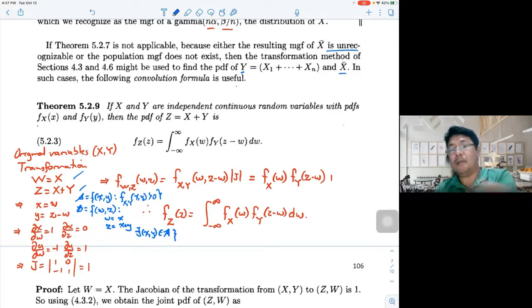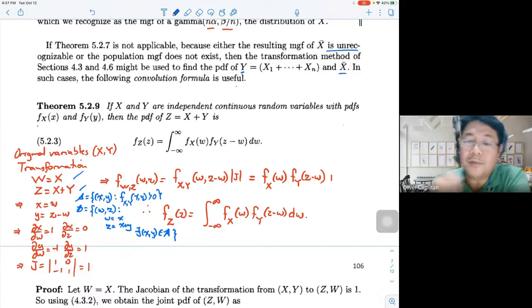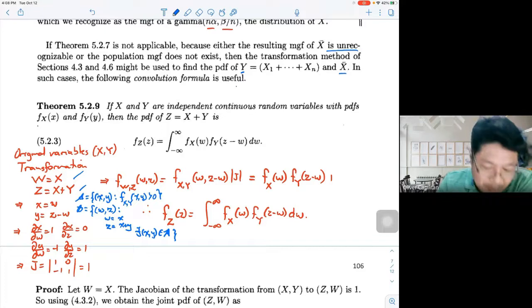Okay. I-check muna natin kung nag-exist ba, meron bang one-to-one transformation from script A to script B. Kung merong one-to-one diretso, di na natin kailangan i-partition yung script A natin dito. So, we have this transformation. X equals W, Y is equal to Z minus W, if and only if naman to. Yan yung transformation natin.